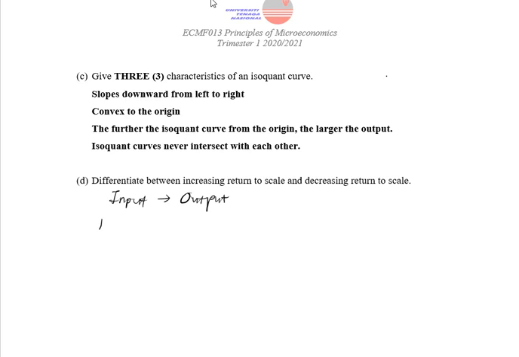So for increasing return to scale, how do you define it?